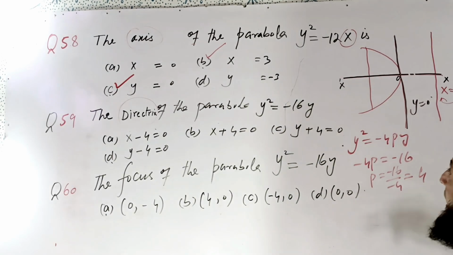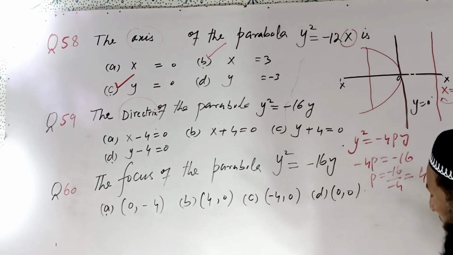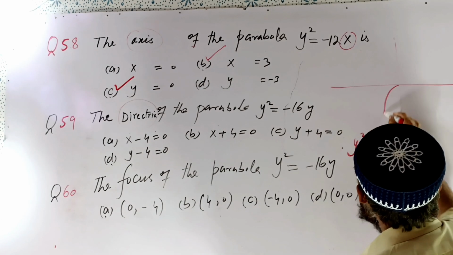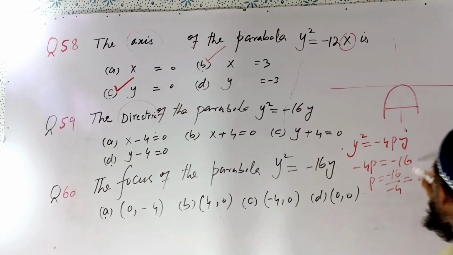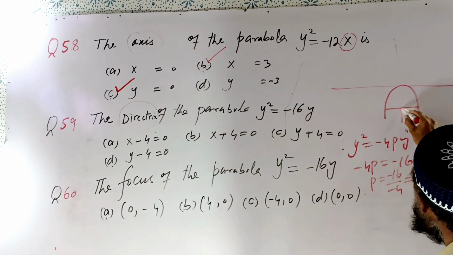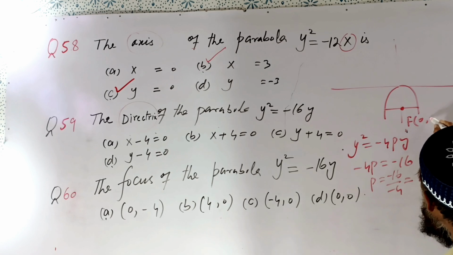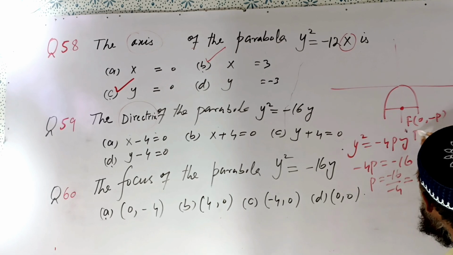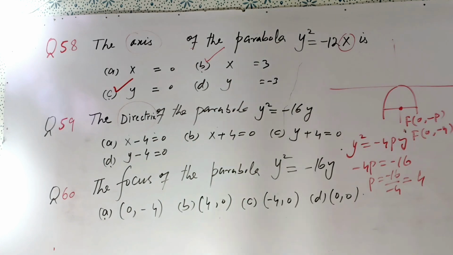The focus is here, the point f is 0 and minus p. Here p value is 4, so the focus is 0 and minus 4.